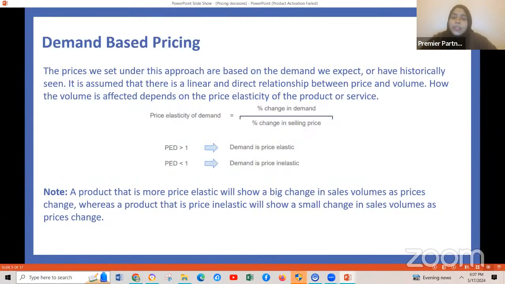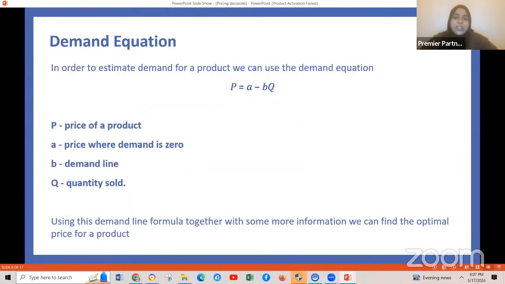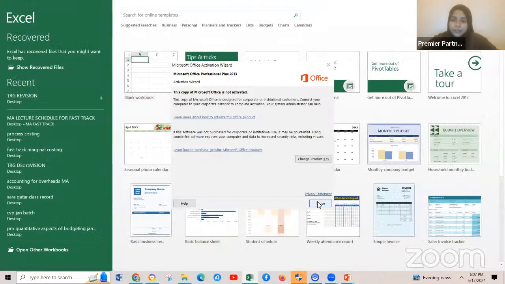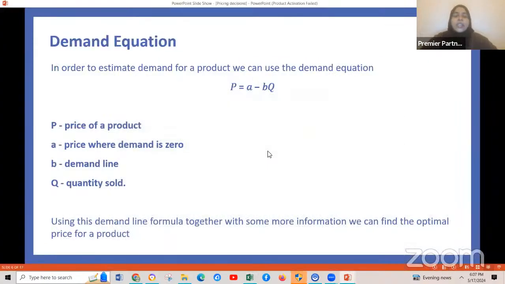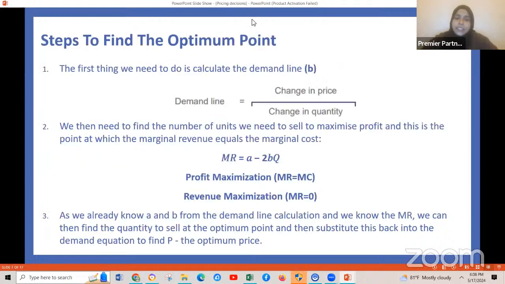So when you go to demand-based pricing, you generally consider price elasticity of demand. The demand equation is price equals A, that is price where demand is 0, minus B, that's the demand line, into Q. So how do you find B, which is the demand line?